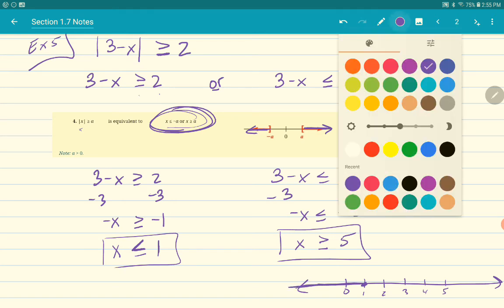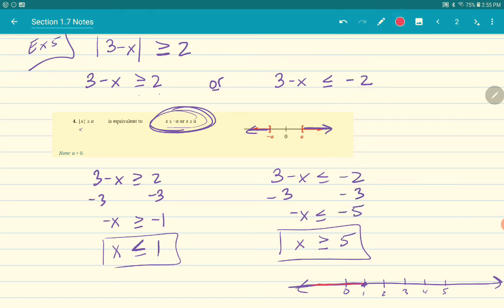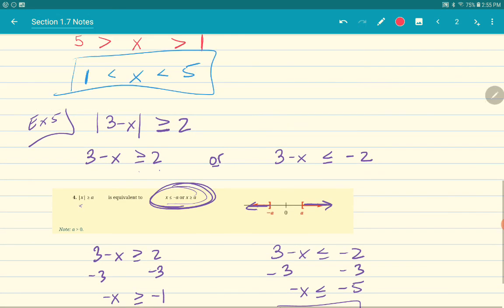I'm going to do that in red. And it has an equal sign, so I'm going to fill in that dot or do a closed bracket, either way. The brackets are usually used for the interval notation, and usually if I'm graphing it, I just do a closed dot, whereas this one I would have done an open dot.